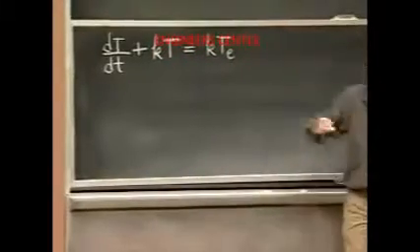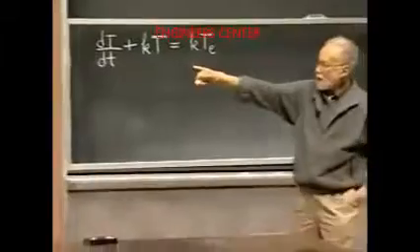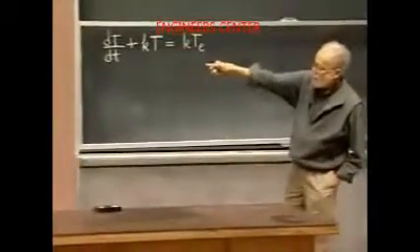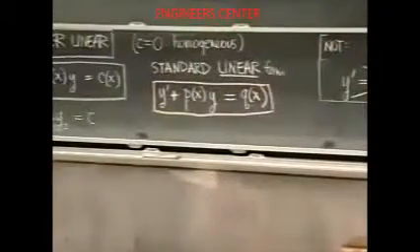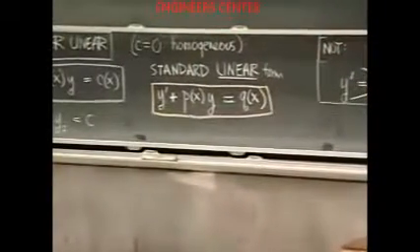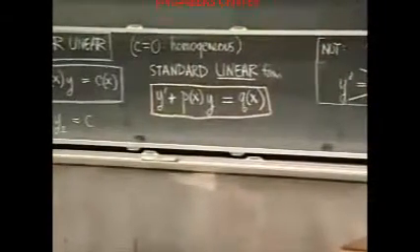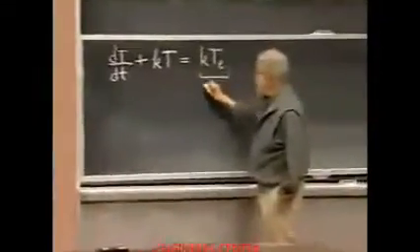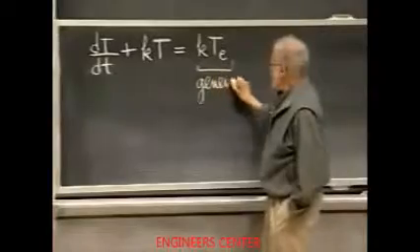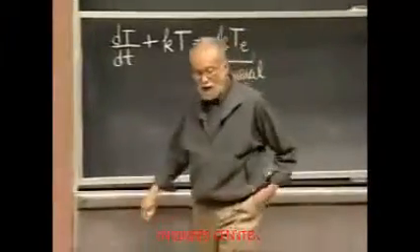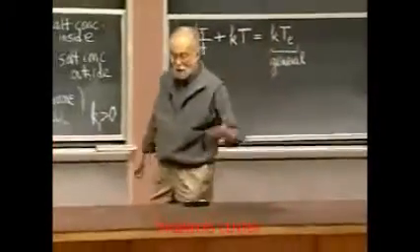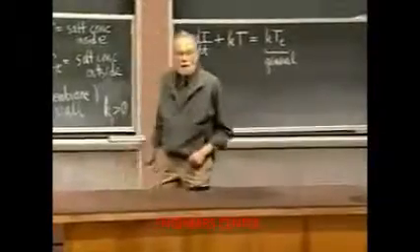Now compare that with the way the general equation is supposed to look, that yellow box over there, the standard linear form. How are they going to compare? Well, this is a pretty general function. This is a general function of t, because I can suppose the external temperature behaves in any way I like.